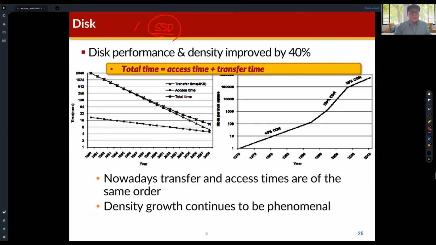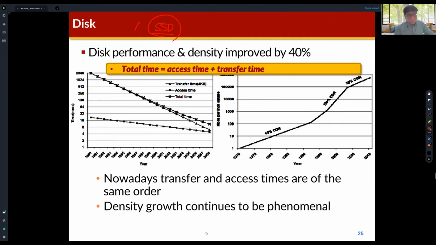That means the storage device performance also determines the performance of an entire computing system. That's why we also focus on the performance and some research topics in storage devices.